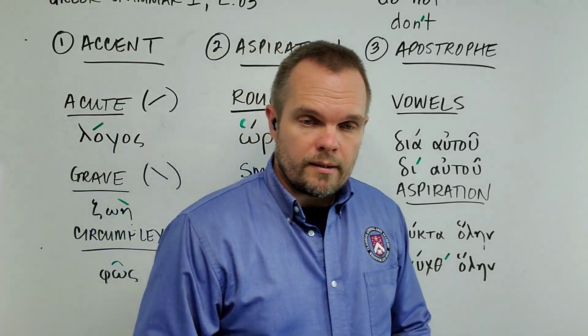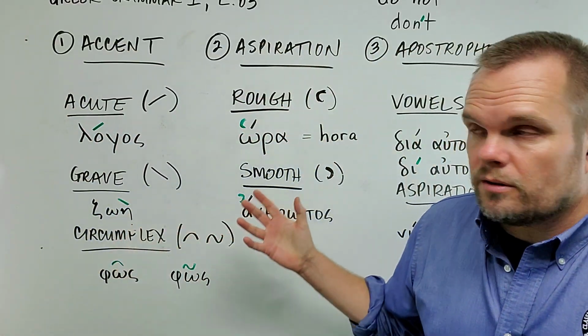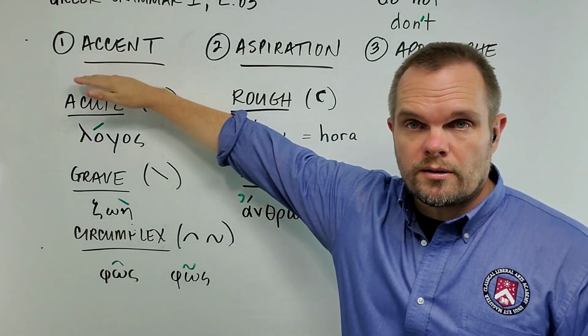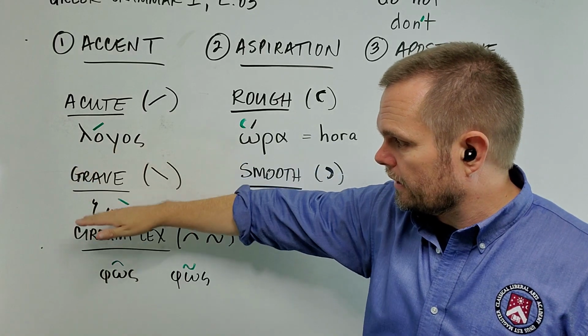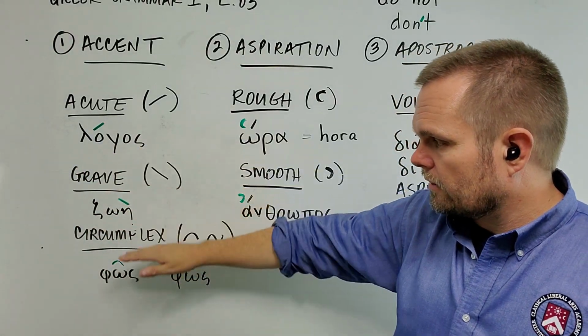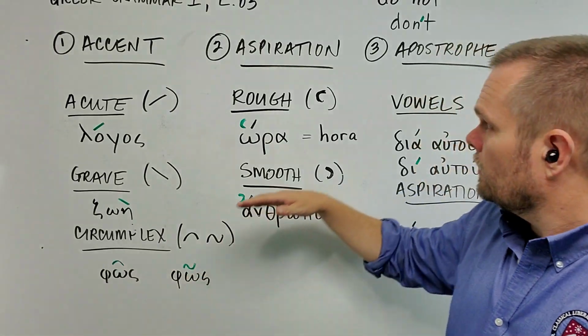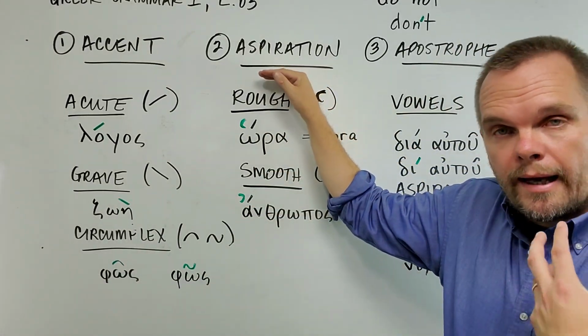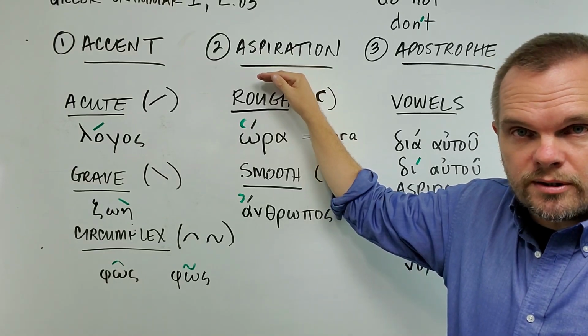Okay, so that's a lot of information to take in at once. We have the accent used in Greek, and we saw that there are three kinds of accent: acute, grave, and circumflex. Aspiration, just simply adding breath to a syllable.